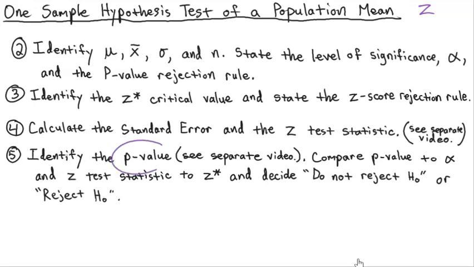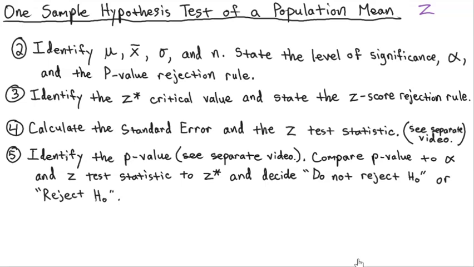We identify the p-value, which we already learned how to do in a previous video. There was one video in the previous set of lessons where we calculated the test statistic, and then the next video right after that, we learned how to identify the p-value. So I'm not going to go over that right now.